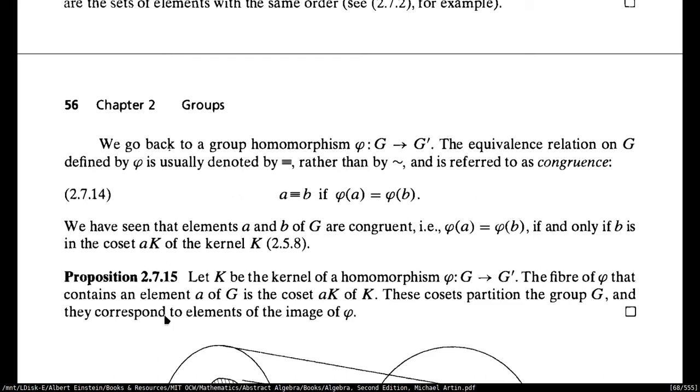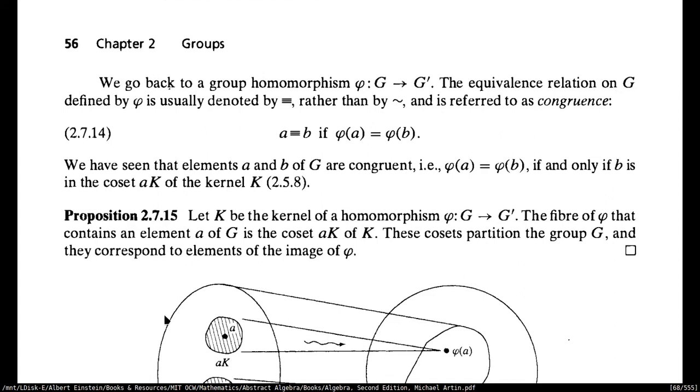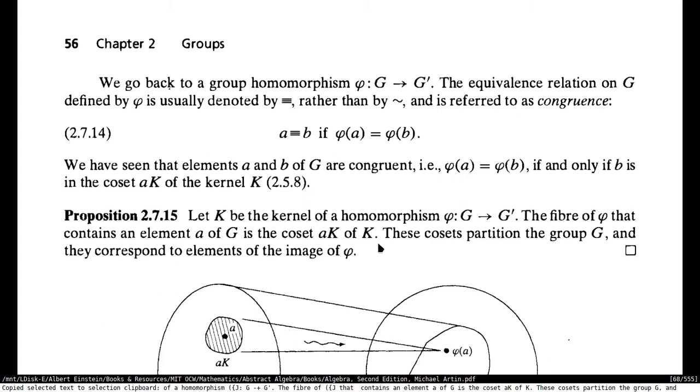Okay, so now we have this proposition which says: let K be the kernel of a homomorphism phi, then the fiber of phi that contains an element a of G is this coset aK of the kernel.